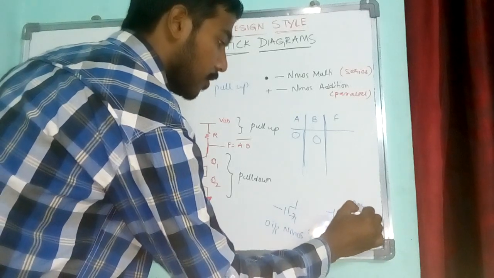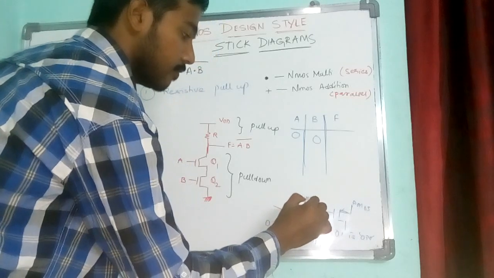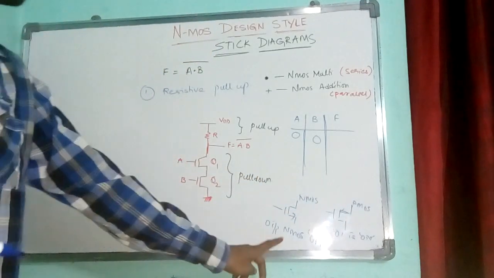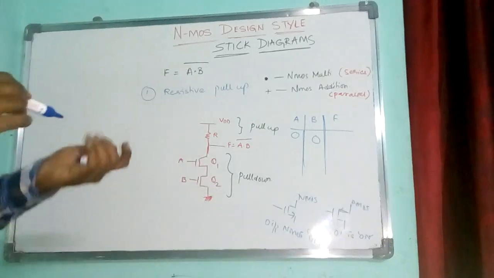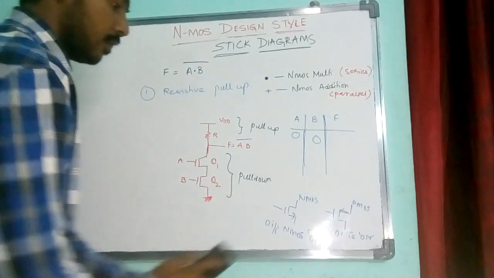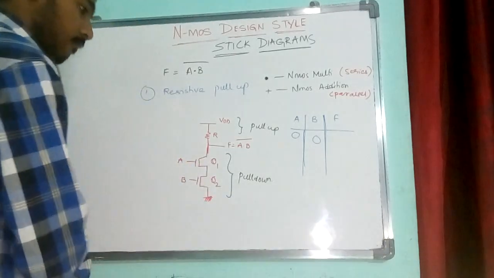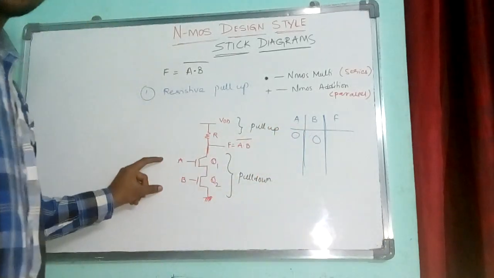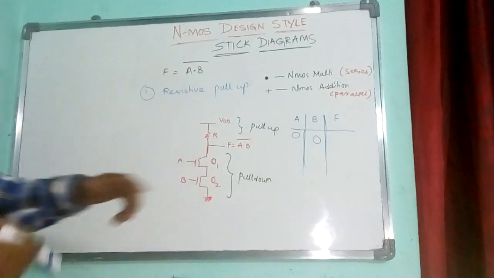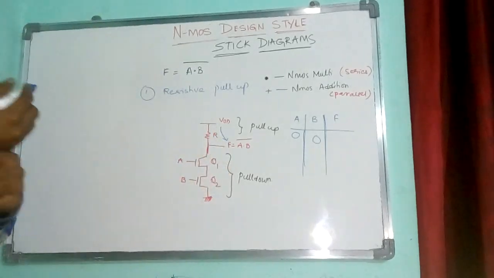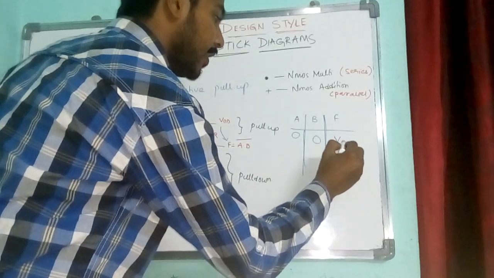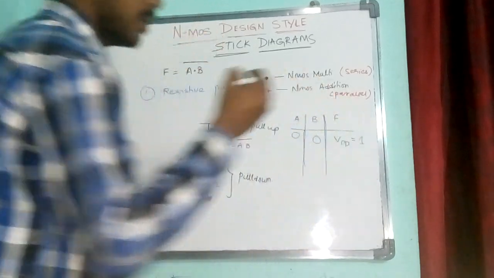For Nmos, 0 input means the transistor is off; for PMOS, 0 input means the transistor is on. So when I give input 0, 0, these two transistors are off. The entire VDD will be my output, so my output will be VDD, which I indicate as high.